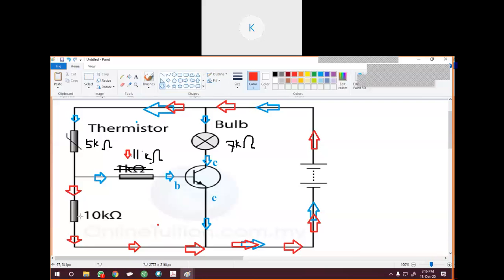Then one student asked me once, sir, what will happen if I remove the wire here? Okay, the wire here is removed. Will the light bulb light up or not?